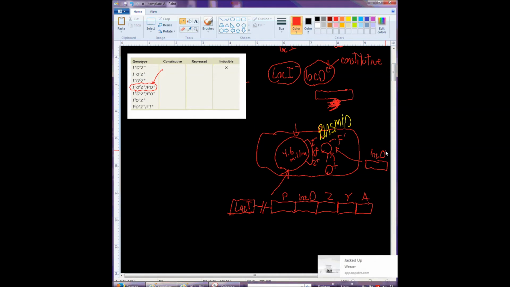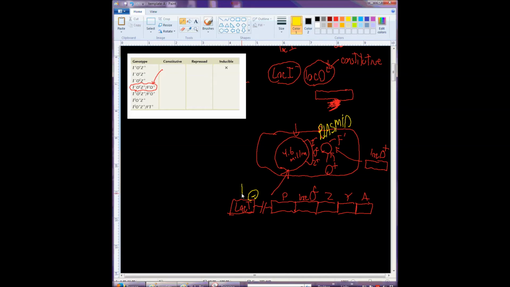Let's look at the genotype. This one over here is LAC-O plus, and this LAC-O over here, the normal location on the chromosome, is LAC-OC. And LAC-I over here is actually LAC-I negative.